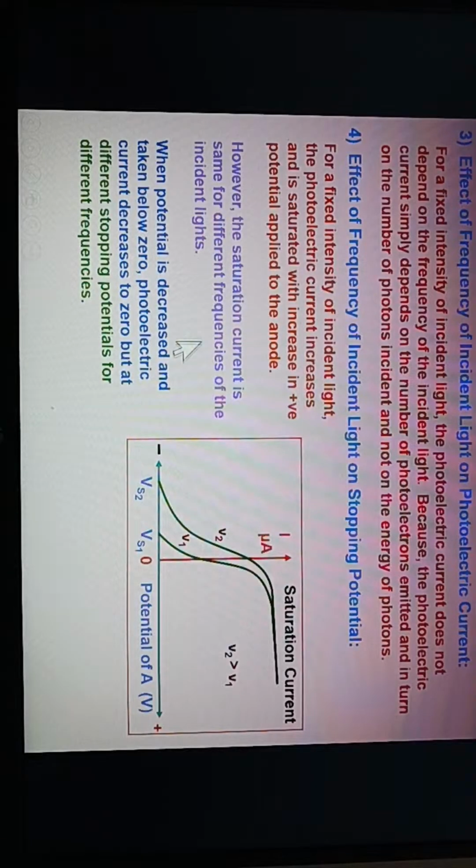However, the saturation current is the same for different frequencies of incident light. When potential is decreased and taken below zero, photoelectric current decreases to zero, but at different stopping potentials for different frequencies.